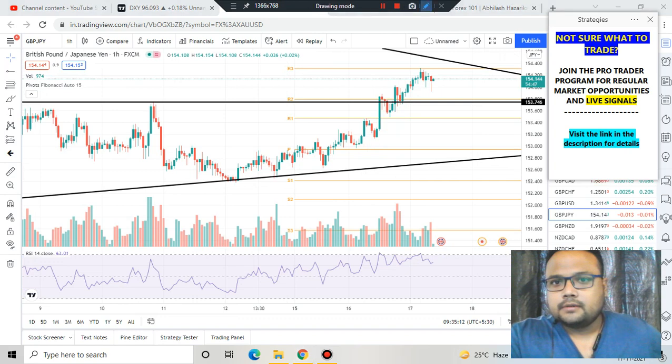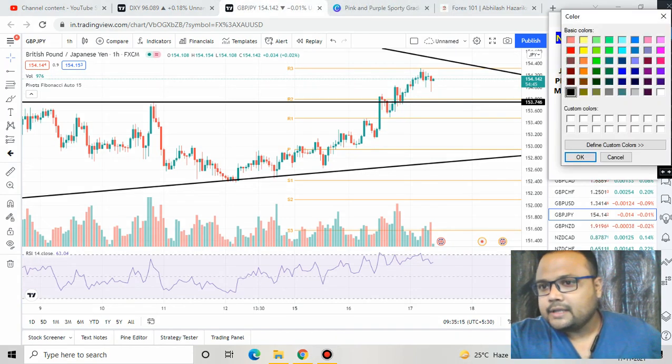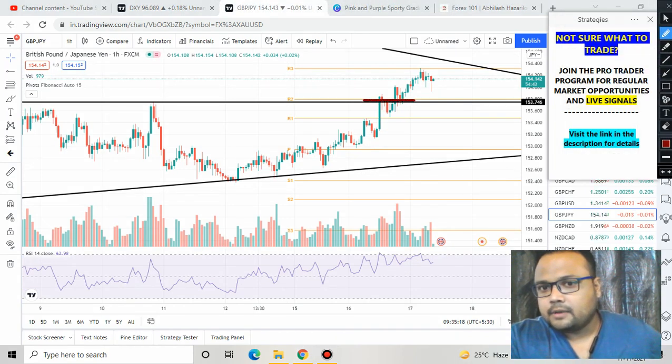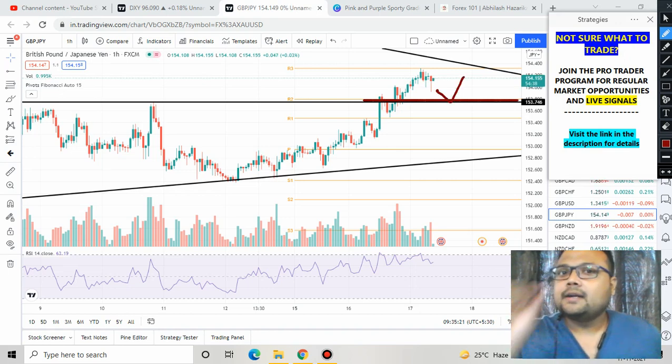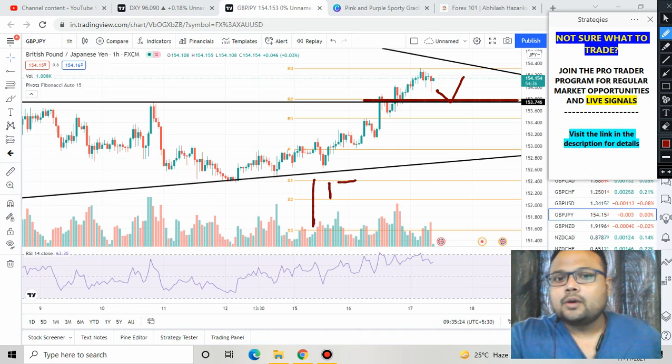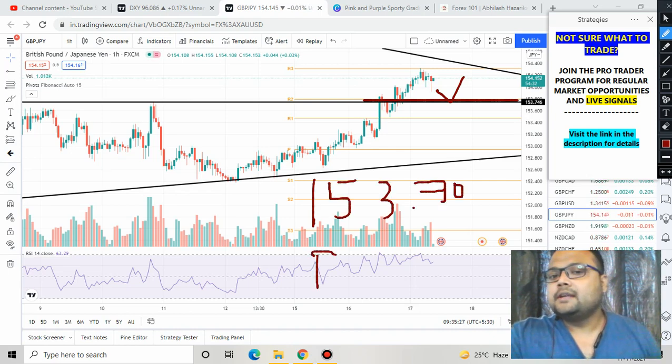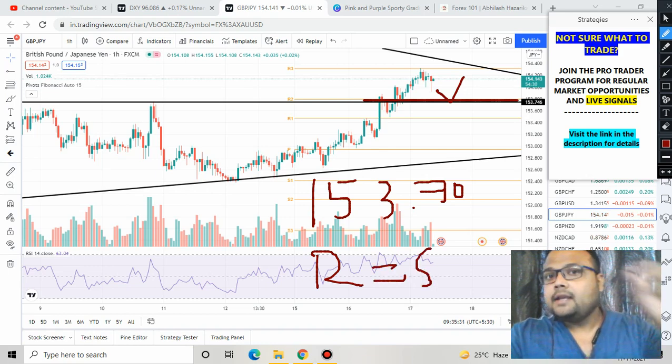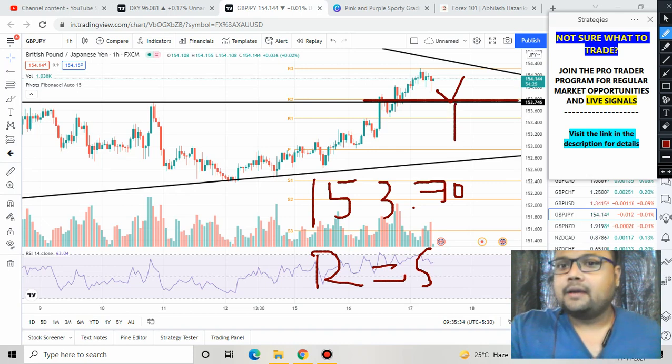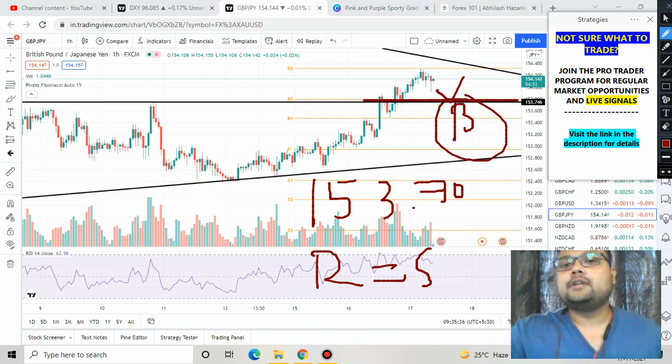See, if the market comes down and retests the level here, I'm talking about this line in the middle, and if it bounces, then you'll get the confirmation that 153.70, which was previously the resistance, is really the new support for the market, and you can take a buy position at the 153.70 level. This makes it the second trading opportunity.